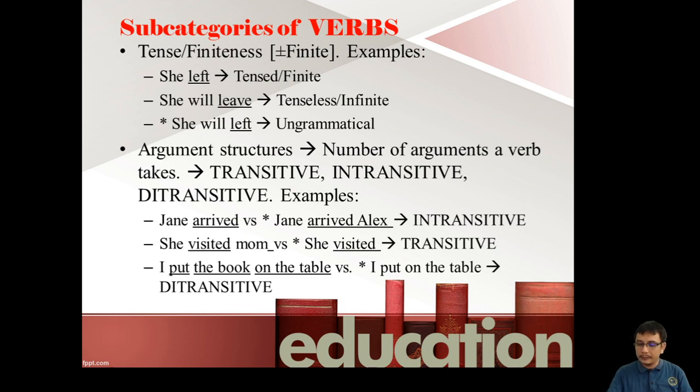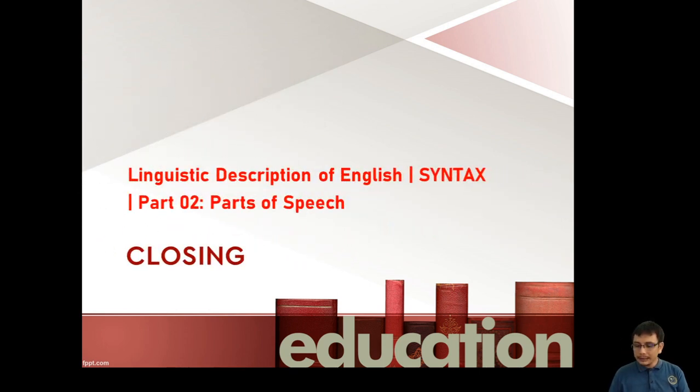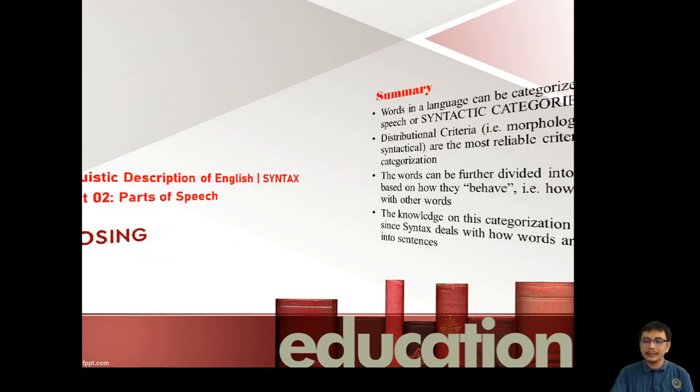So it seems that the verb put needs two kinds of objects. There is the thing that the person puts, then the place where it is put. Okay, and this is called ditransitive. So I think this is my explanation about parts of speech or syntactic categories.